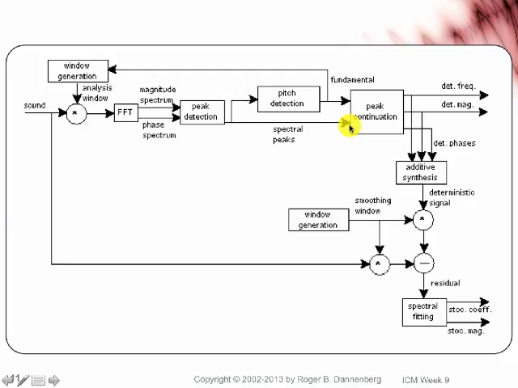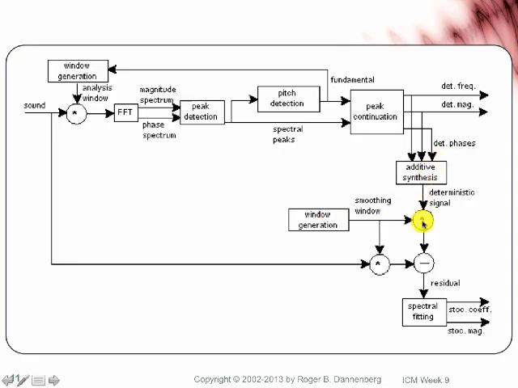From frame to frame, we are trying to track these peaks, assuming that those peaks are actually the result of sinusoidal partials. Like McAulay-Quatieri, we're tracking these peaks and building a trajectory of each partial over time. Then what's new with SMS is we take this information and resynthesize the sound in terms of these sinusoids.